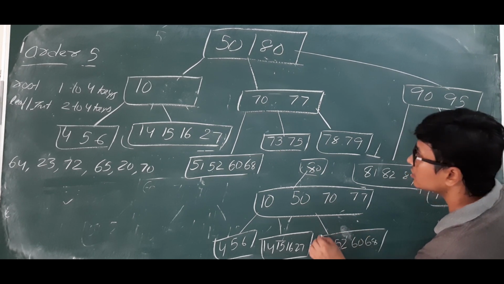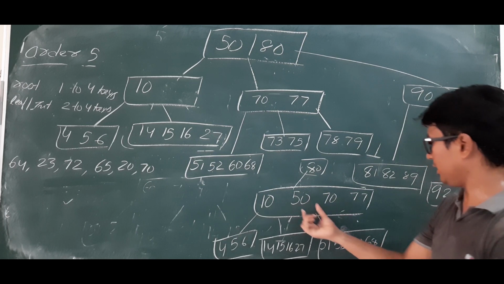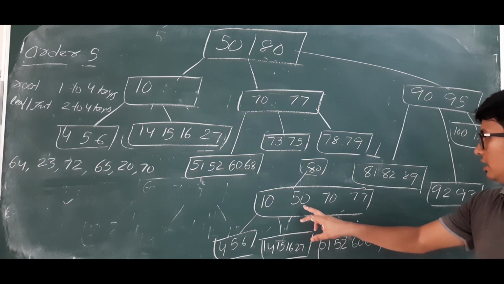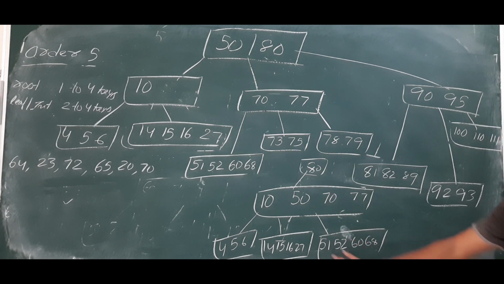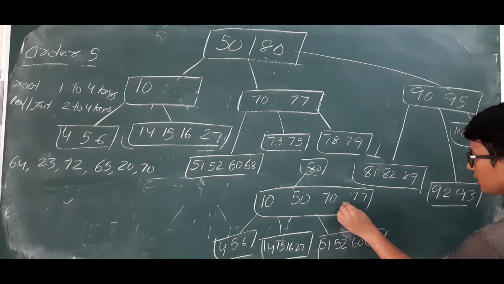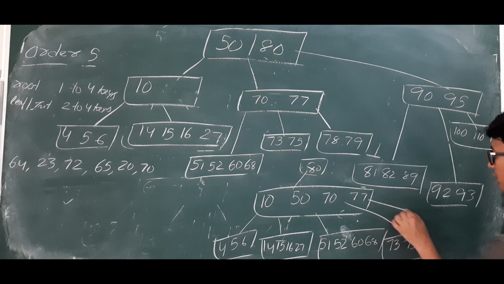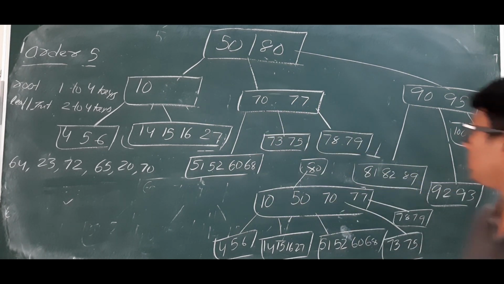It was to the left of 70, but now it will come to the right of the 50, because these elements are greater than 50 and less than 70. So it is okay. To the right of 70 you will have 73 and 75. To the right of 77 you will have 78 and 79. So this entire one I will erase and I will write this part.